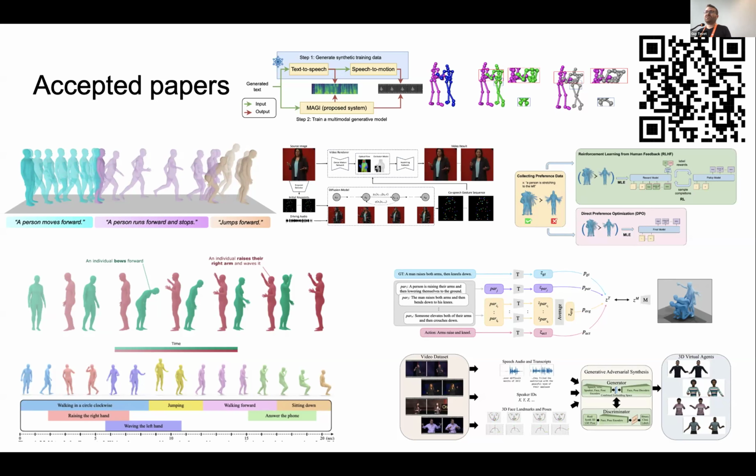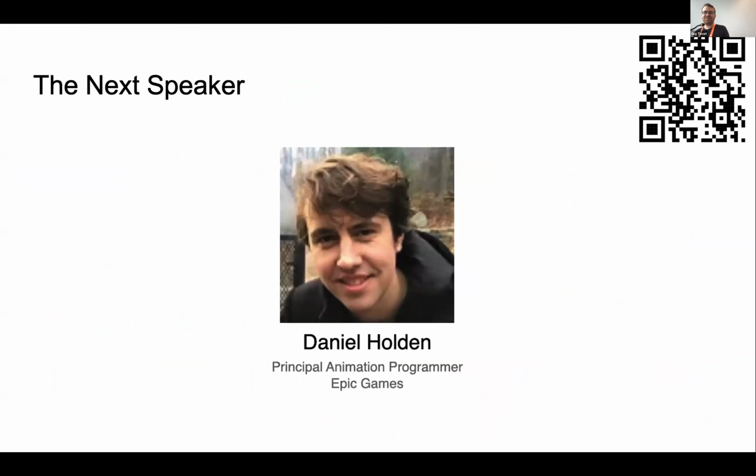And now we can move to the fun part. Our first speaker today is Daniel Holden. Holden is a machine learning and character animation researcher at Epic Games. His pioneering work on motion matching, deep learning-based motion synthesis, and function-phase neural networks have paved the way for the current innovations in the field.